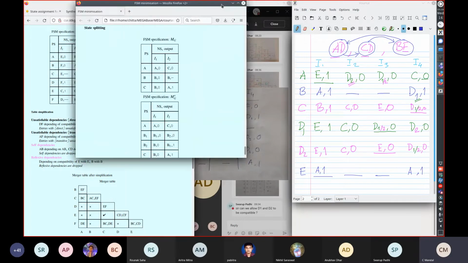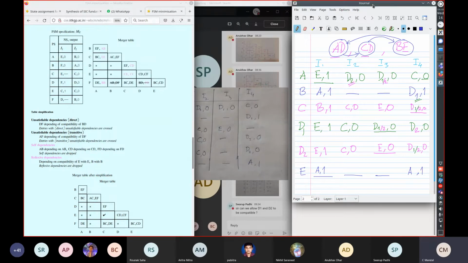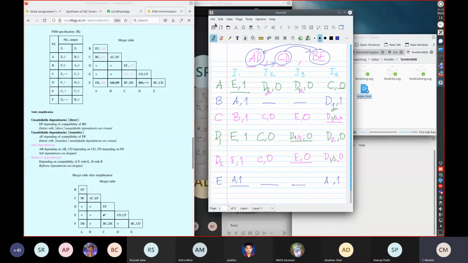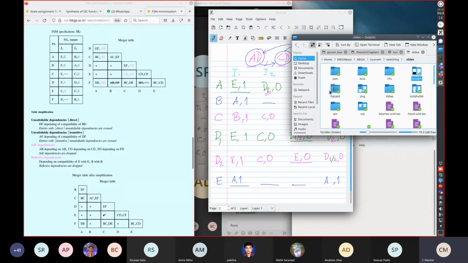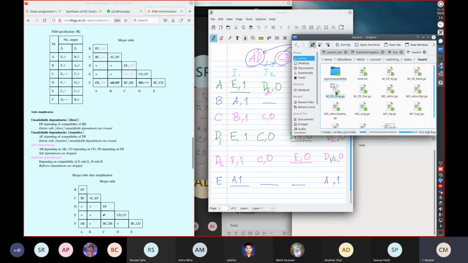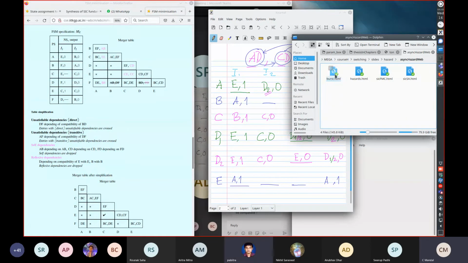Let us stop this now. Should we discuss a little about the D flip-flop and JK flip-flops? We'll discuss that a little later.